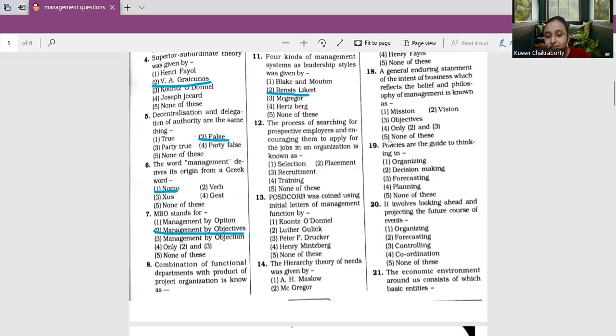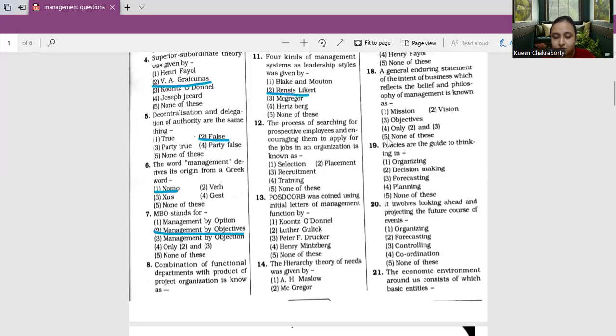What is this process? They are not applying on their own. The organization or the company is taking the initiative so that it can find the right employees, motivating people to submit their CV and application. So this is called the recruitment process.